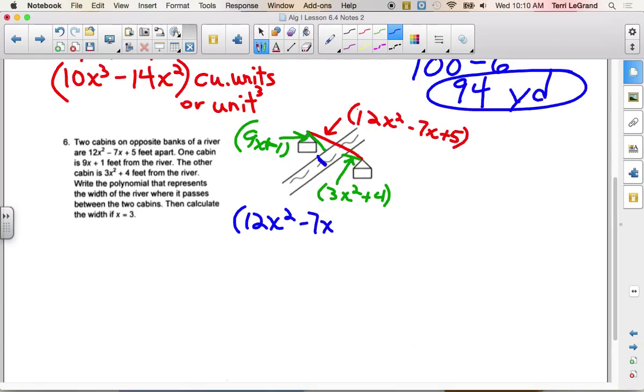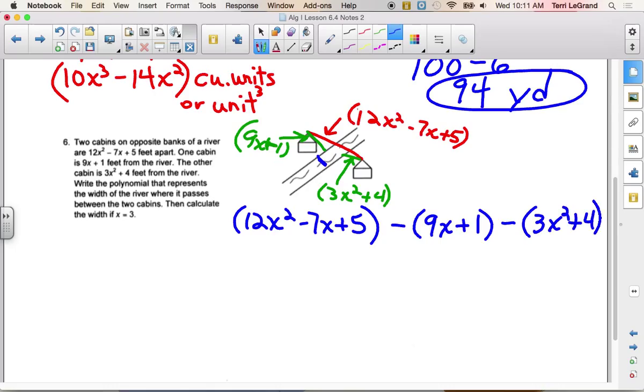I think this is what he did. He said, I'm going to take the total distance, and I'm going to subtract from that the other 2 distances that the cabins are away, and that should give me the distance across the river, the width of the river.